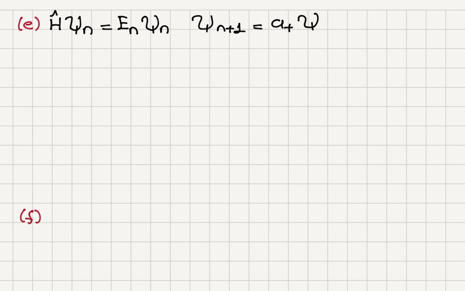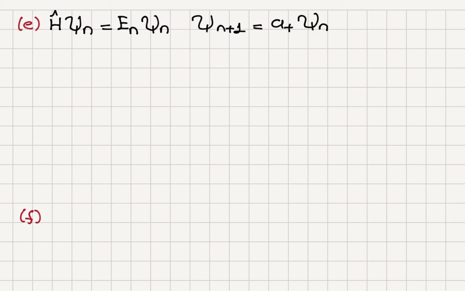Okay, so I'm going to go with the suggested calculation. The Hamiltonian operator applied to the wave function psi sub n is equal to the energy of the nth level, E_n, times psi sub n, and psi sub n plus 1 is equal to the A plus operator applied to psi sub n.